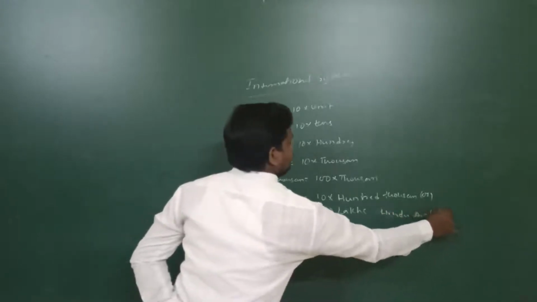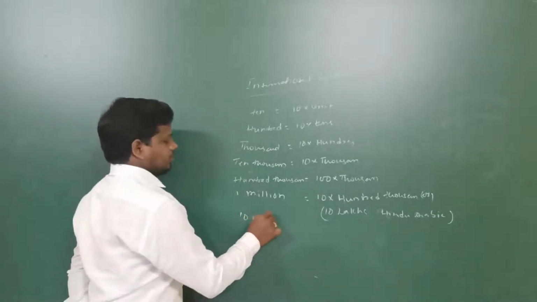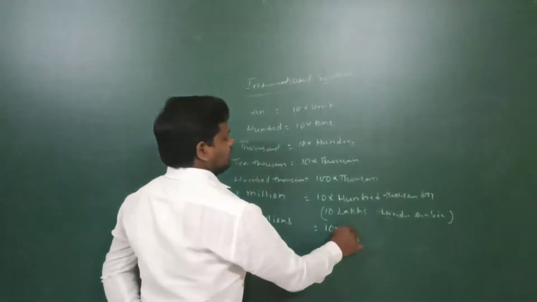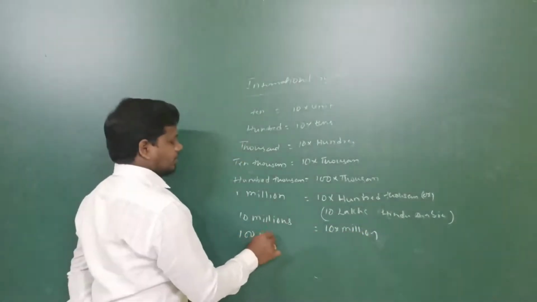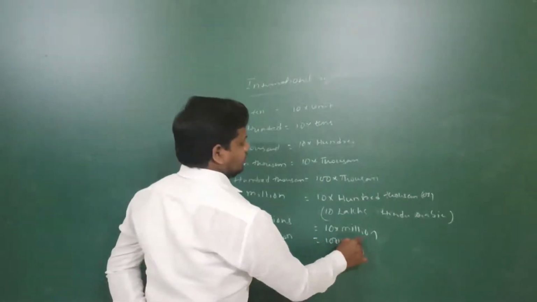Okay. So next 10 millions. 10 millions equals 10 into millions. Next 100 millions. 100 million equals 100 into millions.